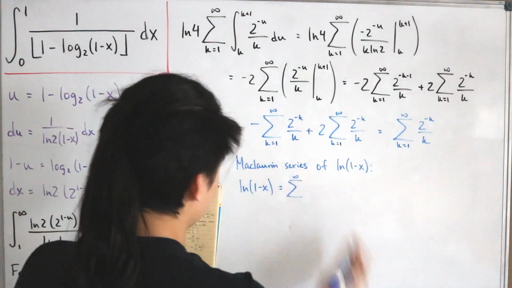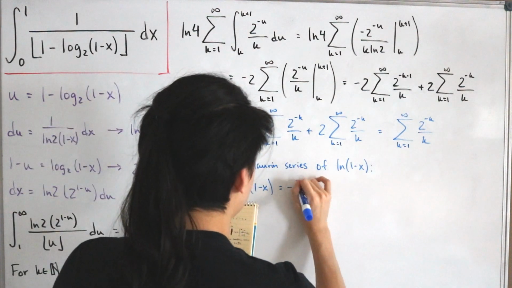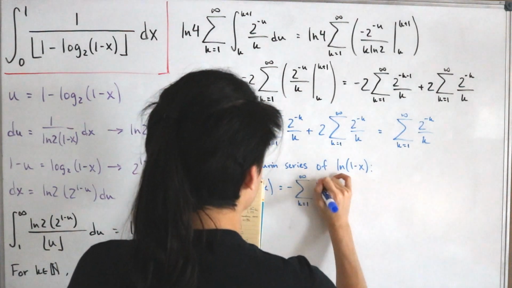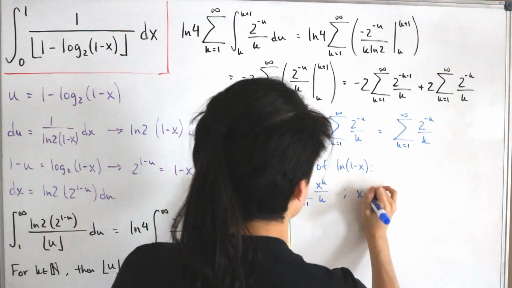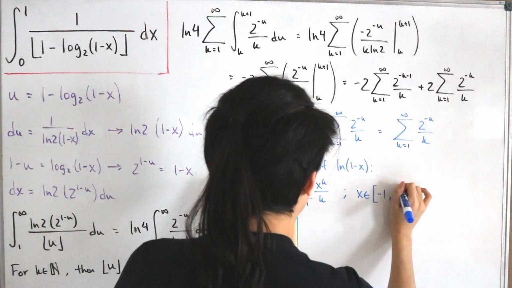And this is the negative, so let me actually fix that and write the negative. So negative the infinite sum of, k is equal to 1, of x to the power k divided by k, and it's such that x is in this interval, inclusive for negative 1 and non-inclusive for positive 1.